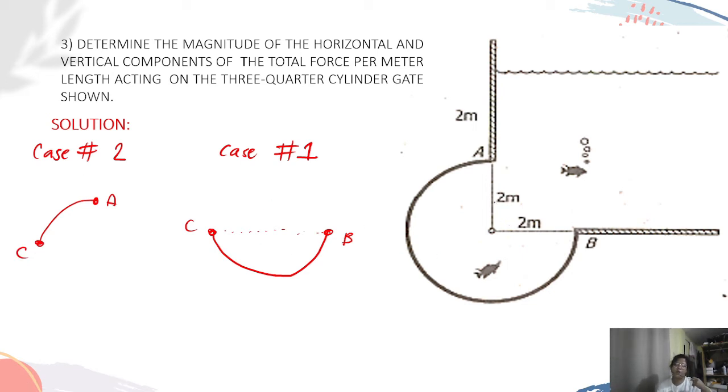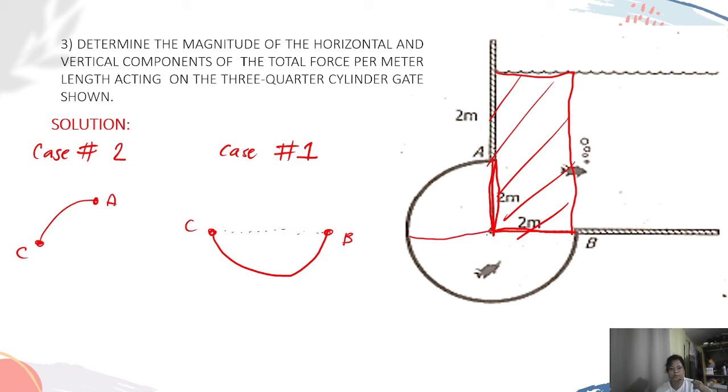Generally, kung ako ang pag-iisipin, ang hahanapin ko lang dyan na volume ay itong volume ng quarter circle nito. No? Ay, plus ito pa pala, sorry. So, ito, yan yun. Plus ito.